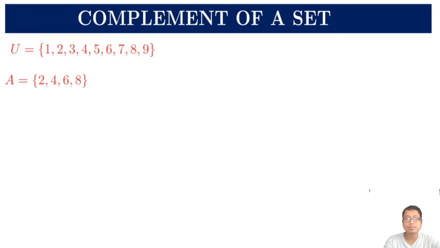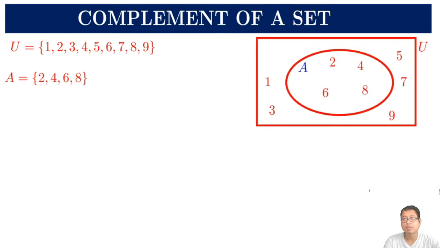Okay, let me talk about the complement of a set. To define the complement of a set we need one universal set, and set A is a subset of this universal set. Let me talk about the Venn diagram. Okay, I'm keeping some time here so that you get the idea of the picture or the Venn diagram.